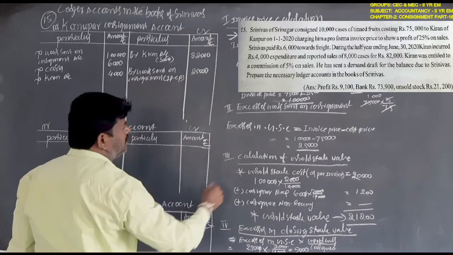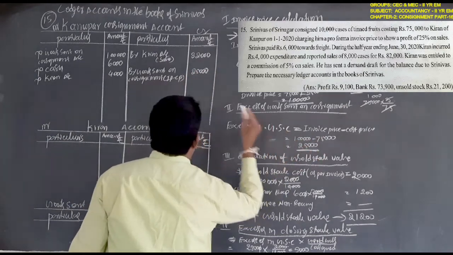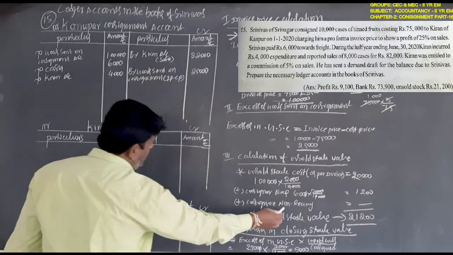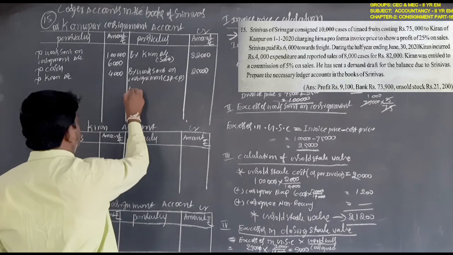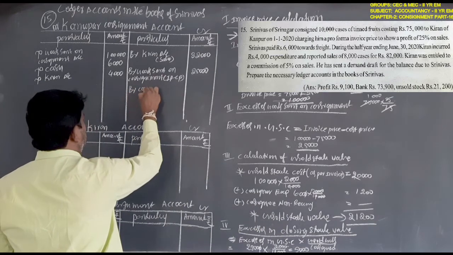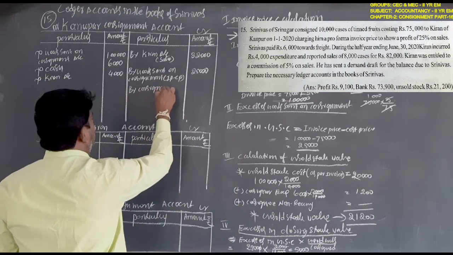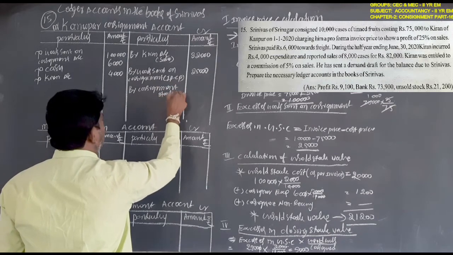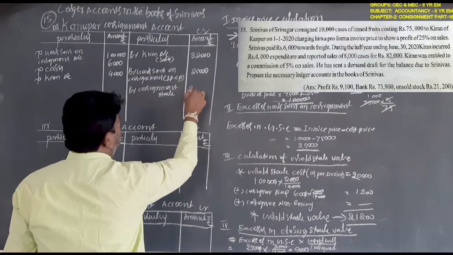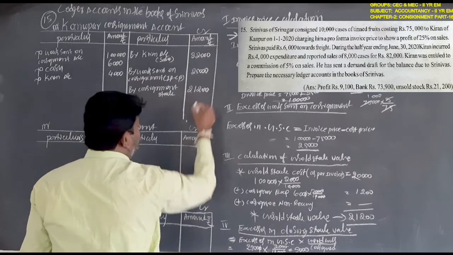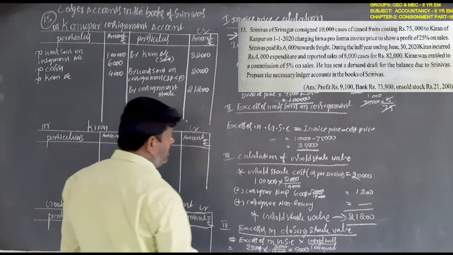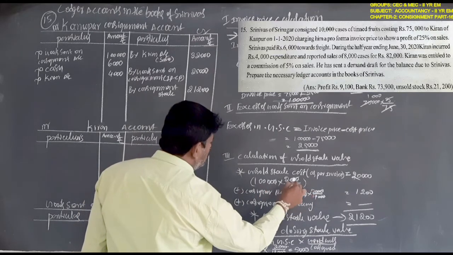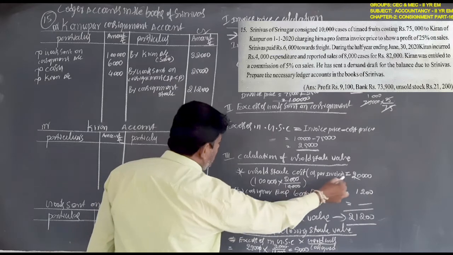This is the calculation: 1,00,000 minus 75,000 is 25,000 rupees. Next, here also is the calculation of unsold stock, by consignment stock, 21,200 rupees. How do we get 21,200 rupees? 1,00,000 into 2,000 by 10,000 gives 20,000 rupees.